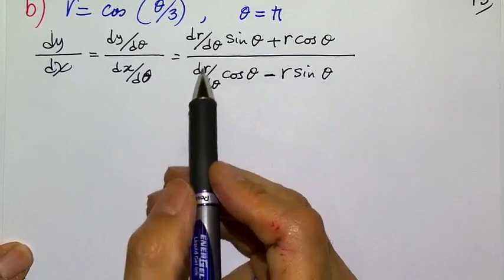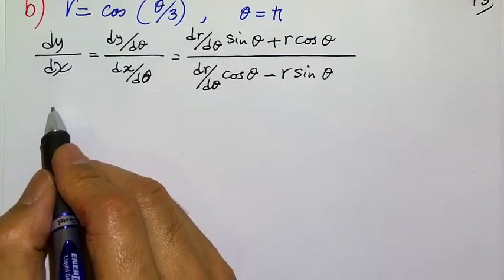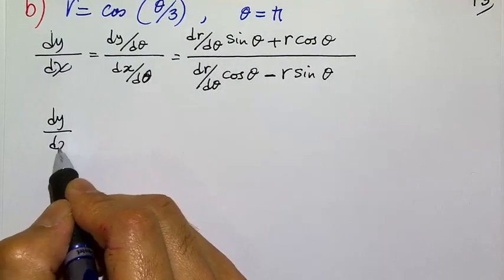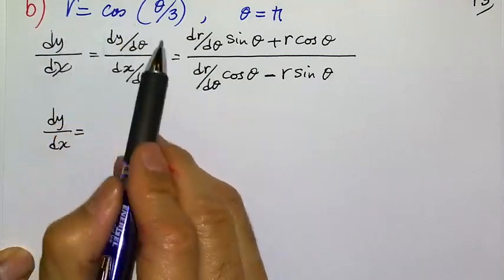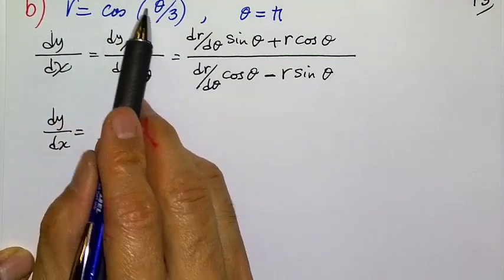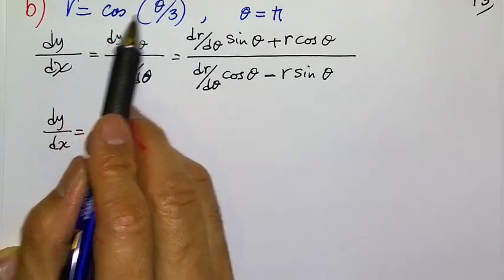Okay, so let's find each of these terms. dr/d theta is 1/3 times minus 1/3 sine of theta over 3.